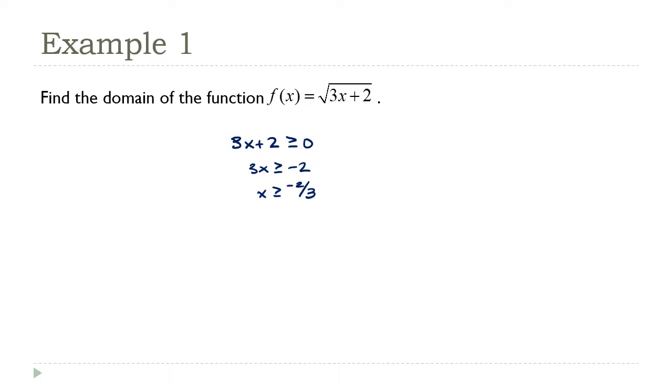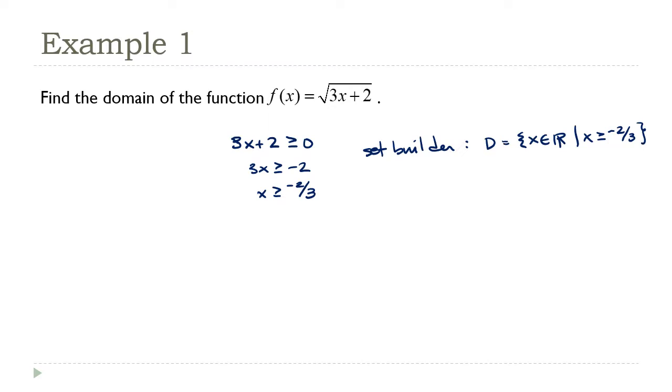But how do we write this? Well, we can write this two different ways. We can write this using the so-called set builder notation, where I would say the domain, let's say D, equals the set of all real numbers such that x is greater than or equal to -2/3.